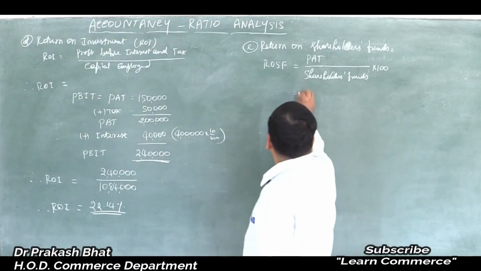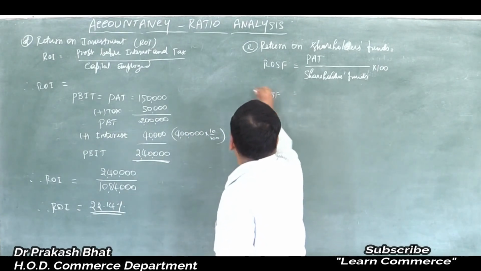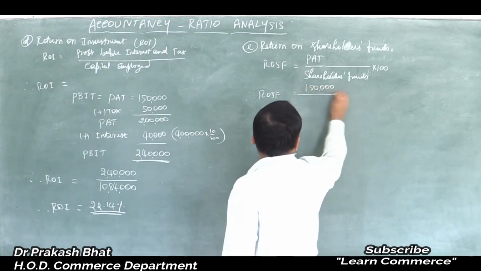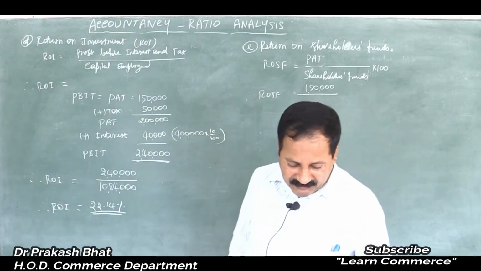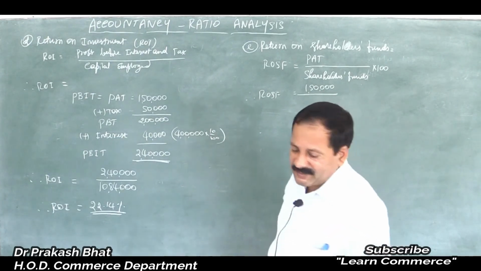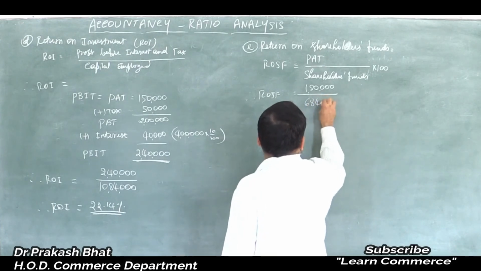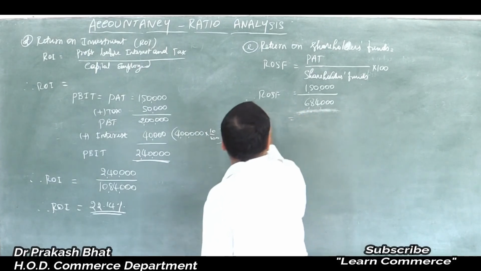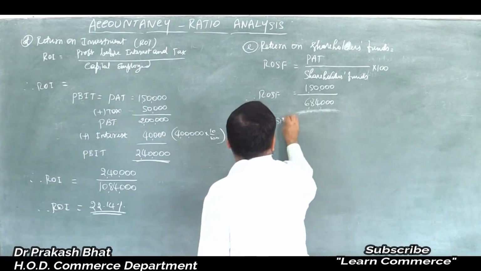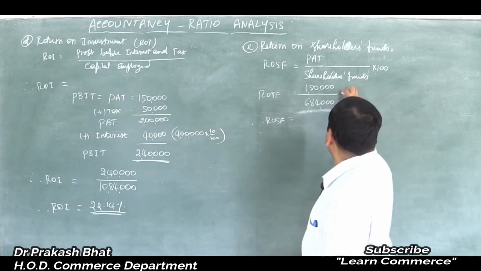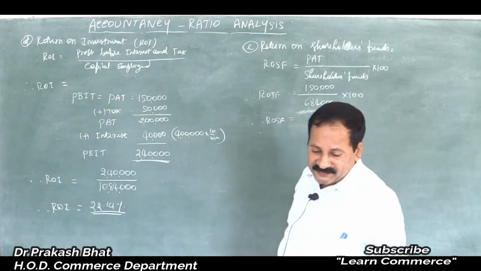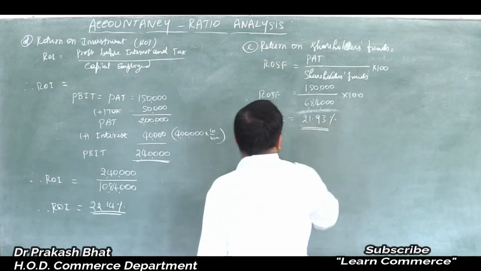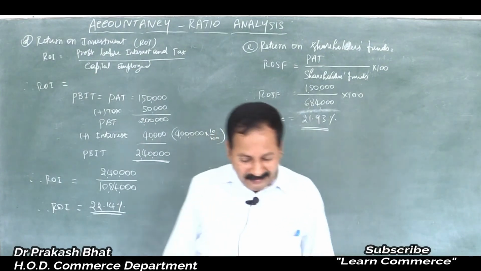So straight away substitute: ROSF is equal to 1,50,000, PAT, divided by shareholders funds, which we have already calculated, 6,84,000, into 100, represented in the form of percentage, 21.93%. Yes, this is how you have to calculate that.